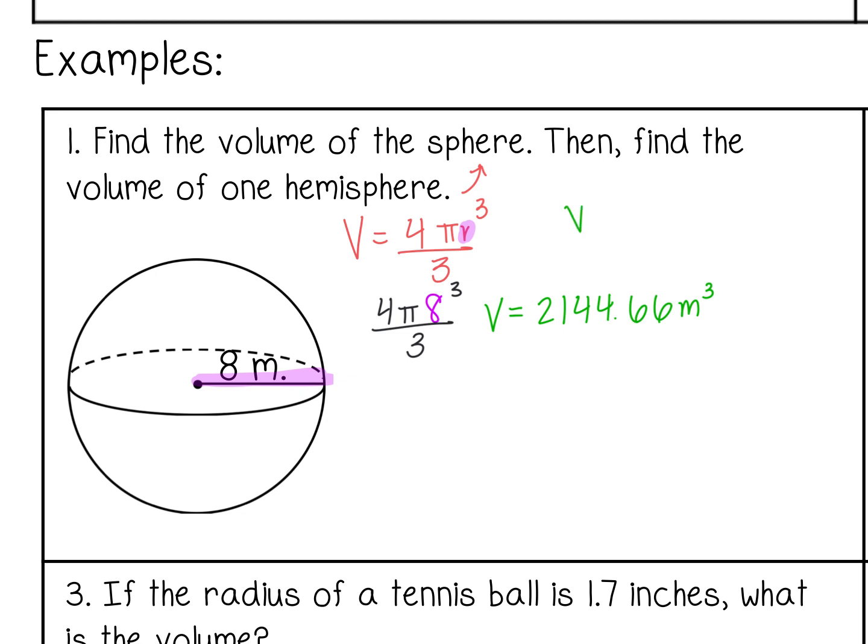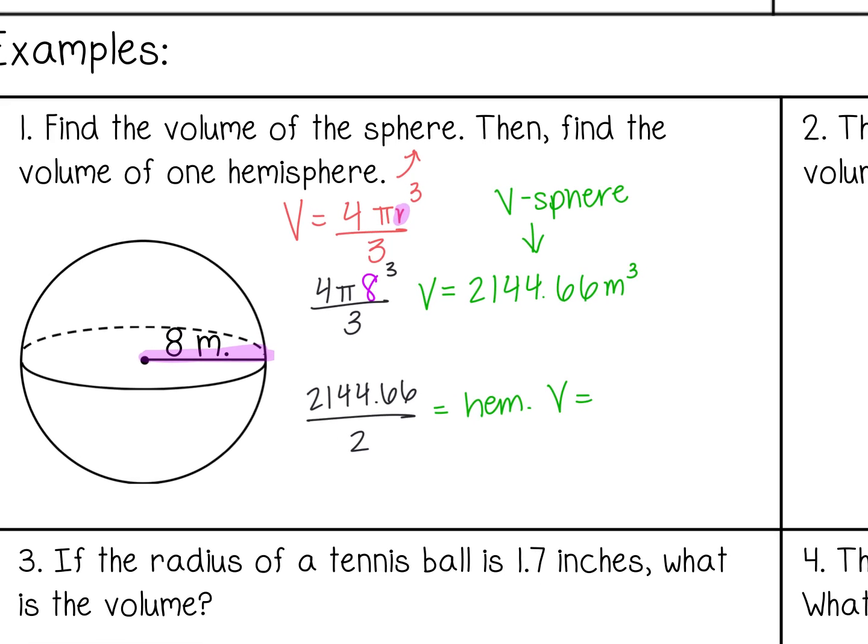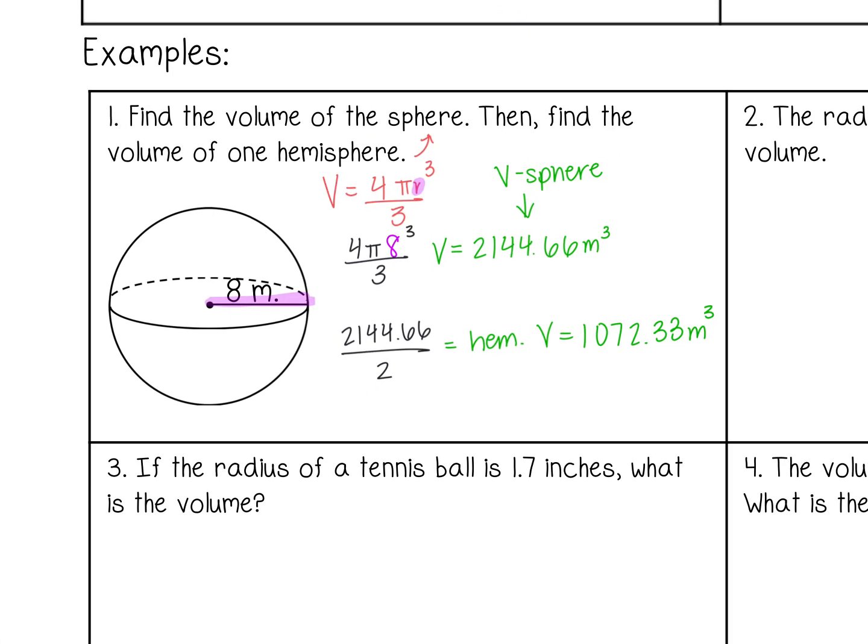And this is for volume of a sphere. Now, all I have to do is take that number, divide it by 2 for my hemisphere. If you divide it correctly, what should your answer have been? 1,072.33. Good. Okay, so they asked for 2 answers. So I gave both volume of a sphere and volume of a hemisphere.